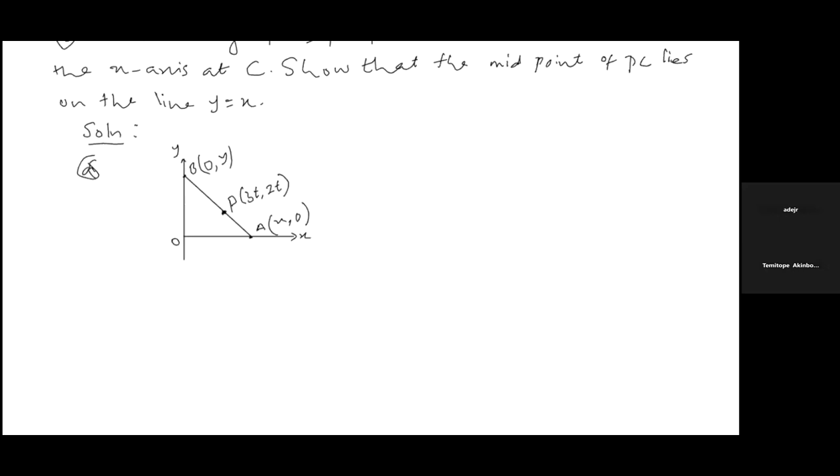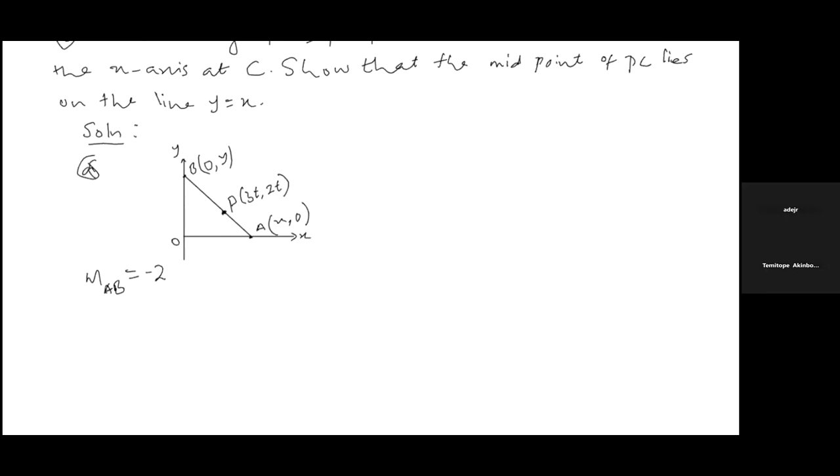So before you can find the area of the triangle, what is the value of x from A? What is the value of y from B? And don't forget that the gradient of AB has been given to be -2. So what I now need to do is to find the equation of line AB.